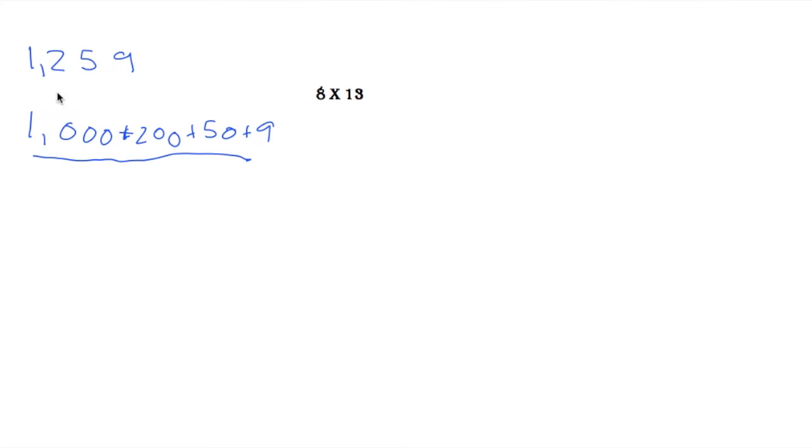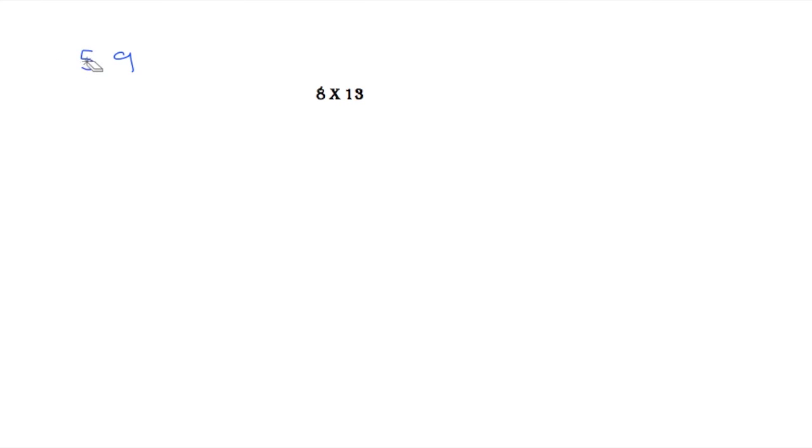So whenever you have a number like this, you first break it down from the thousands. One is in the thousands, so you write 1,000. Then 200, because 2 is in the hundreds. 5 is in the tens place, and 9 is in the ones place. So I hope you now have an idea about what breaking down means. So let me just erase these here so I can get more space to show you what to do.